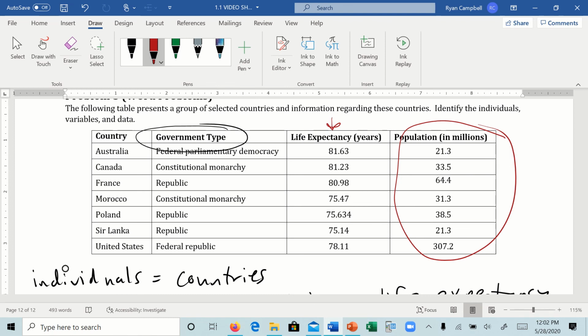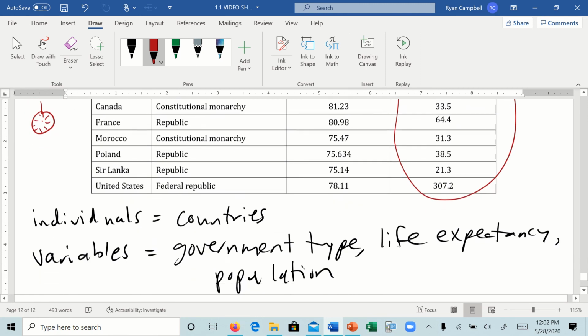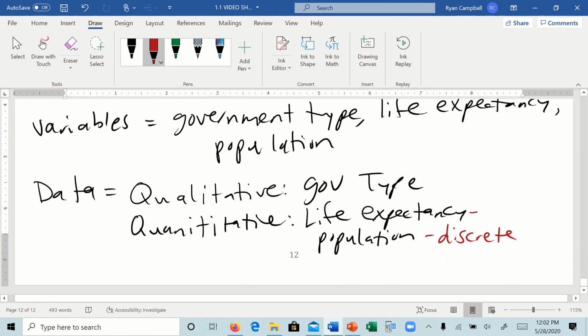Essentially, if you had a stopwatch at their birth and you let it go until their death, that would tell you how old that person was when they died. And this is a way of measurement. Hopefully that makes sense. Since that's a measurement, we know that this is going to be continuous data.